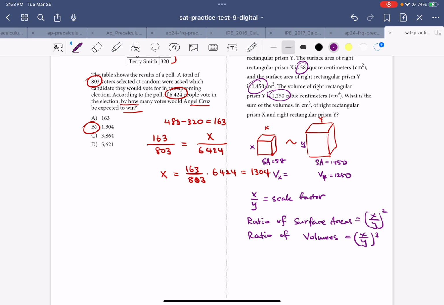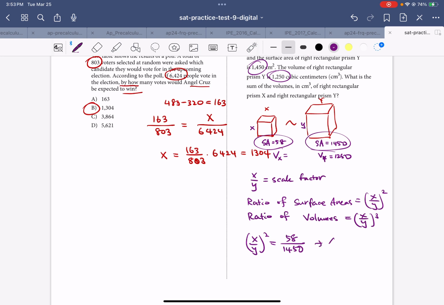So we can find the scale factor X over Y. Squared, it's the ratio of surface areas, which is 58 over 1,450. So X over Y is 58 over 1,450 to the power of 1/2. Put it in the calculator and you get 1 over 5.